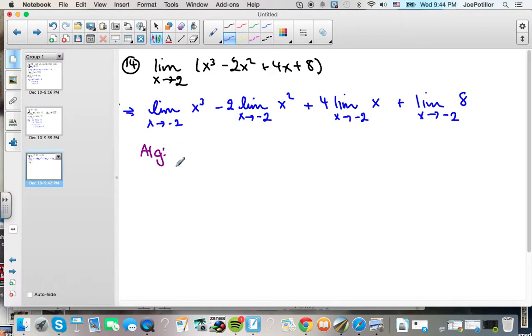So doing all the algebra, we end up with negative 2 to the third power, which is negative 8. We end up with negative 2 squared, which is of course 4. We end up with negative 2 times 4, and then we end up with 8.